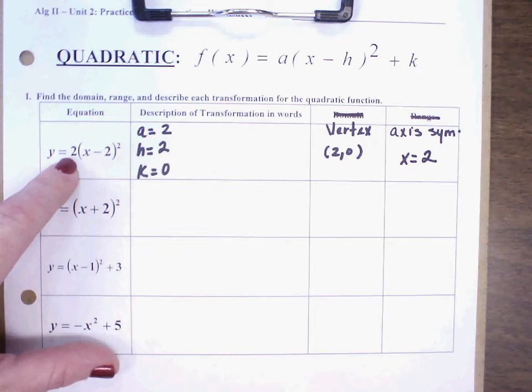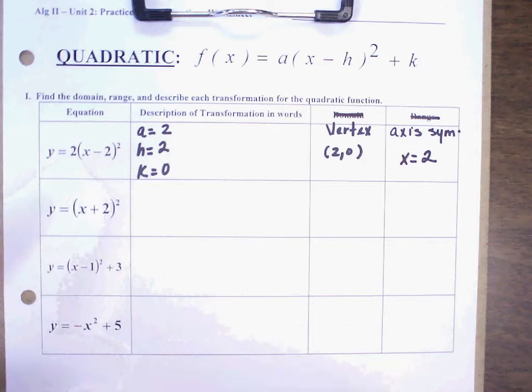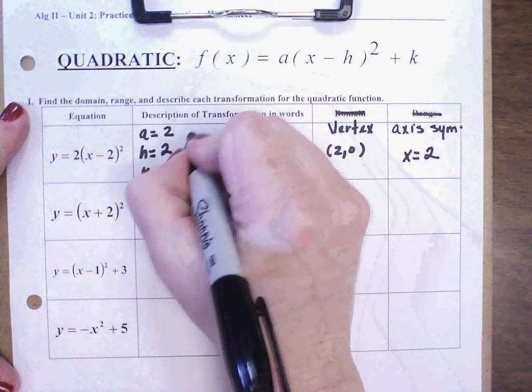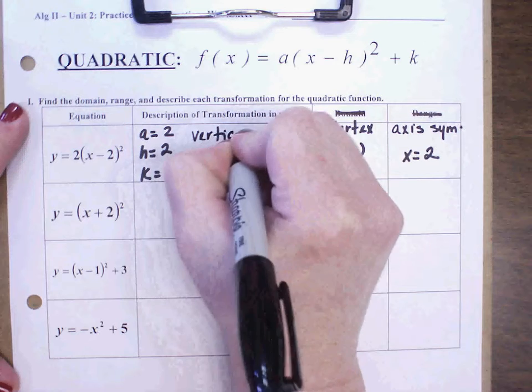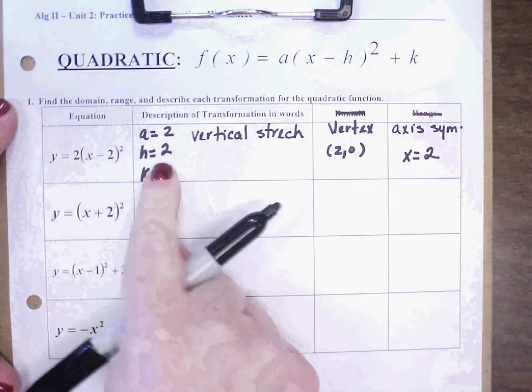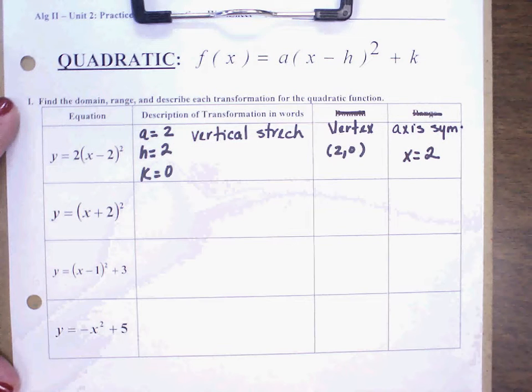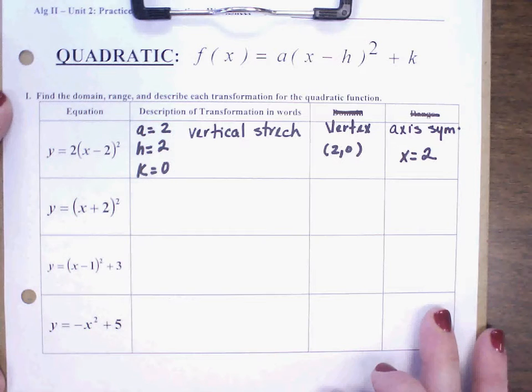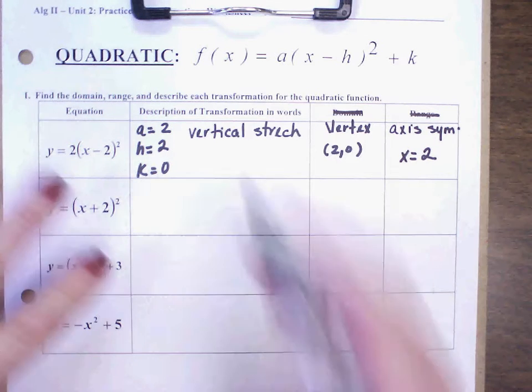Very good. Tell me my axis of symmetry. X equals 2. Very good. Now let's figure out what it has done. What does the 2 do? Vertical stretch or vertical compression or horizontal compression? That's a stretch. It's bigger than 1. So we have a vertical stretch over here.